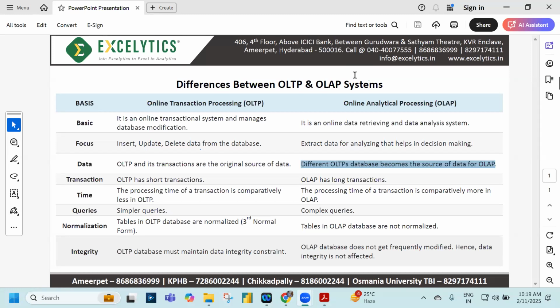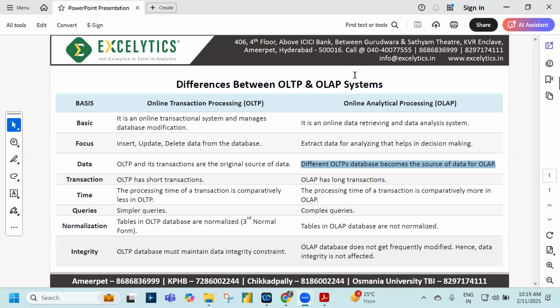Now tell me how many persons the manager needs to talk to? Only one. The reporting analyst is there, right? So the reporting analyst is already consolidating all of them and keeping it in one place. Now we are getting it: a data warehouse does the same thing, gathering all the data from multiple databases and keeping it in one place so that anyone who wants to create a report directly connects to the data warehouse and creates a report, right?